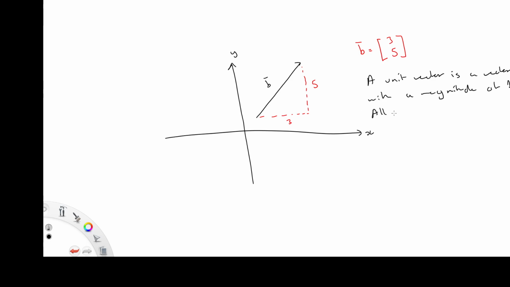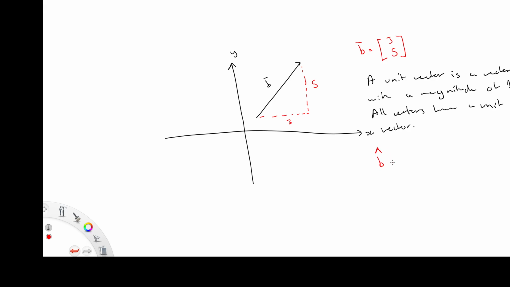All vectors have a unit vector. For example, let's find the unit vector for B. Also, for a unit vector you always place a hat, like an up arrow, on top of it, to say it's a unit vector.